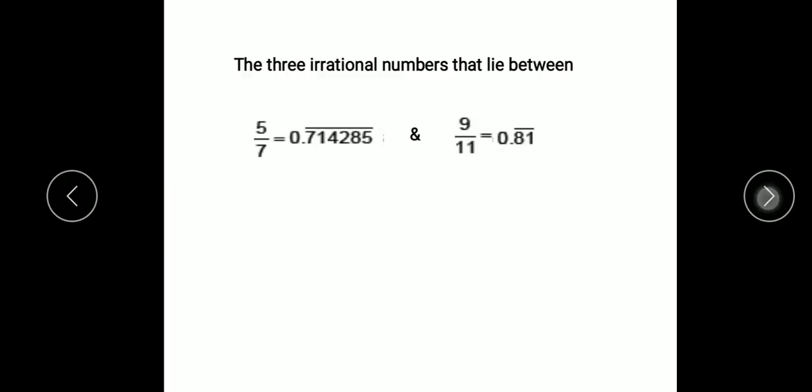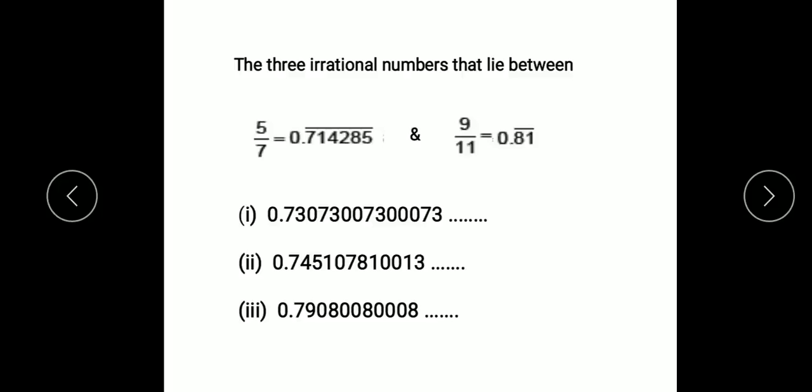Here we have included some examples. Look at the first example, 0.73 followed by 07, 3007, 300073 ... a non-terminating, non-recurring decimal which is an irrational number. The second example we have written starting with 0.74 followed by 510, 781, 0013 ... And the third example we have included is closer to 0.81 but lesser than it.